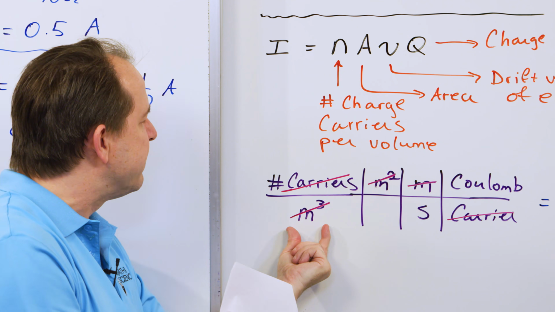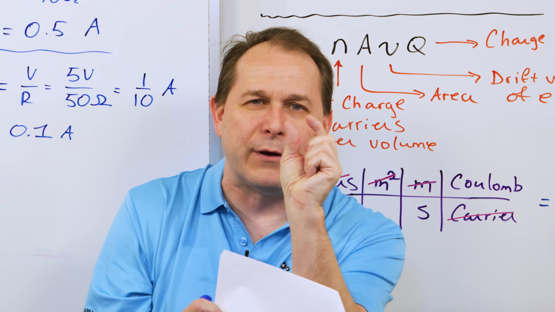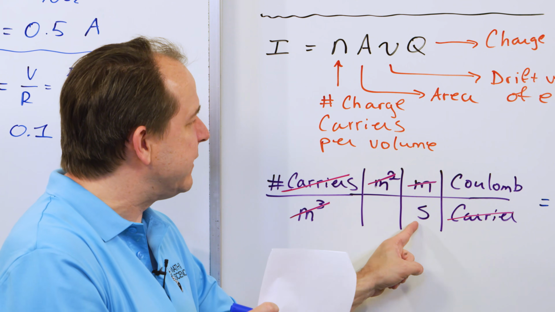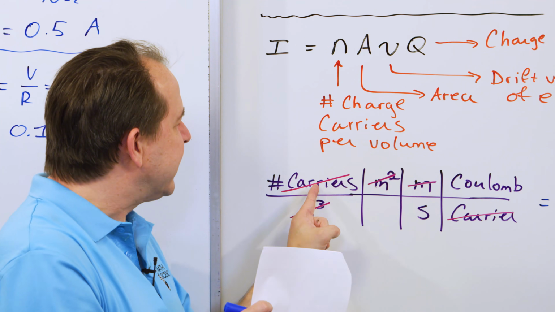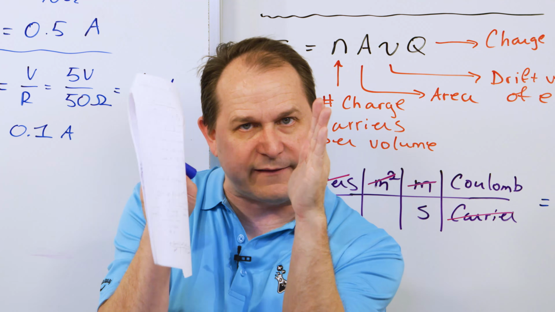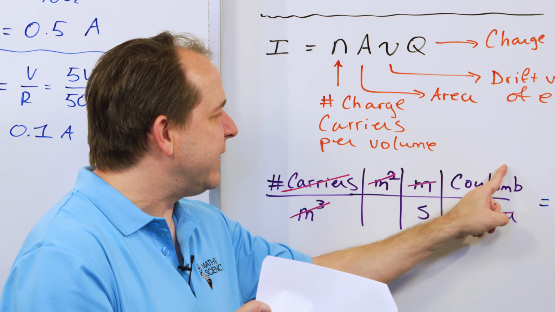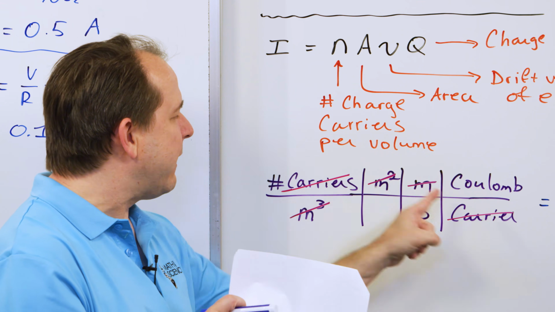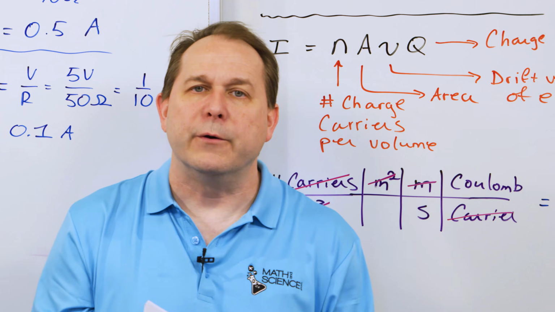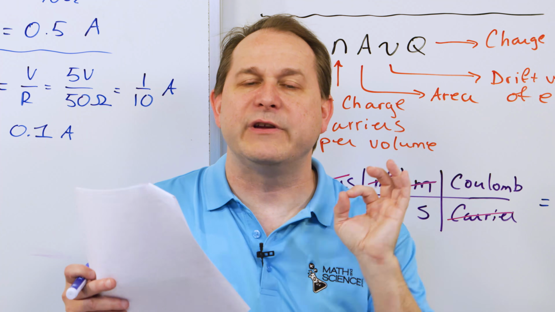But when you take that volume element, multiply times this, what you get is a number of carriers, a number of electrons in a tiny volume element passing through a position every second. But every carrier, we know how many coulombs it is. And so when we do that multiplication, the carriers drop away and we get coulombs passing through a point per second, right? So I'm showing you by the units that these particular variables multiplied together give us the correct units.